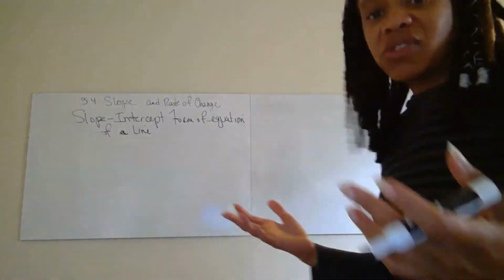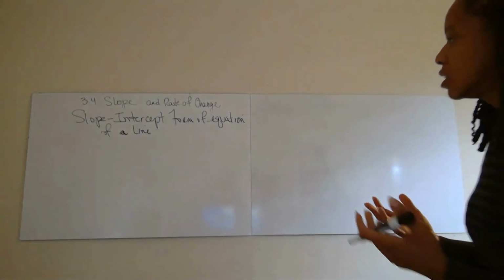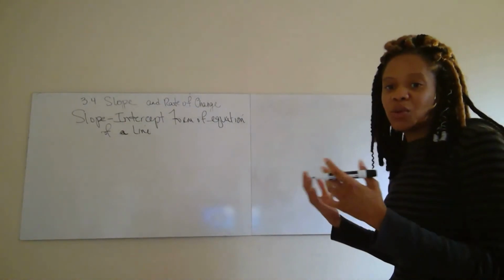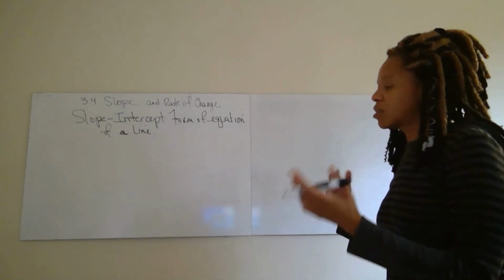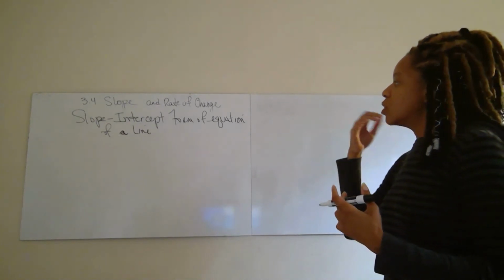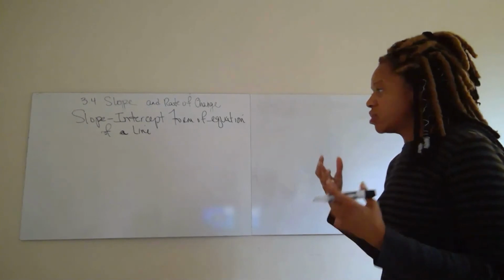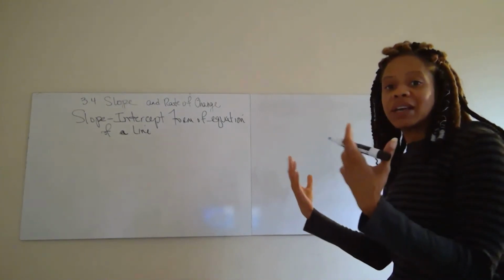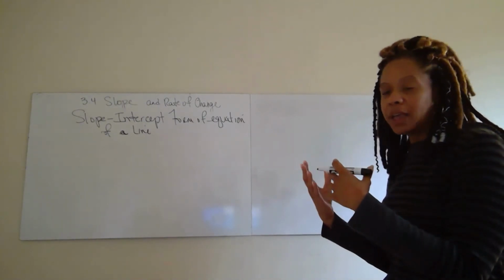So we've been given the equation of a line. We saw that from 3.1 when we had x's and y's in the equations, right? X components, y components. So the equation of a line contains usually x's and y's.